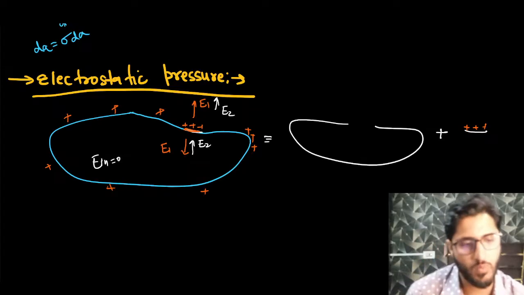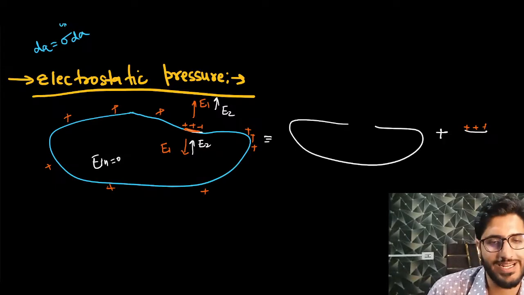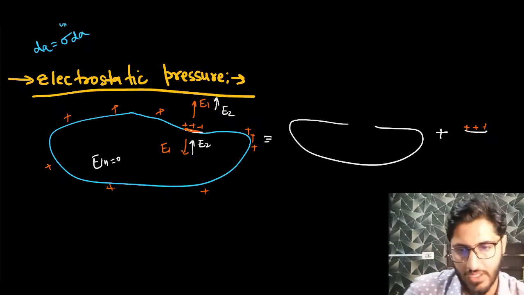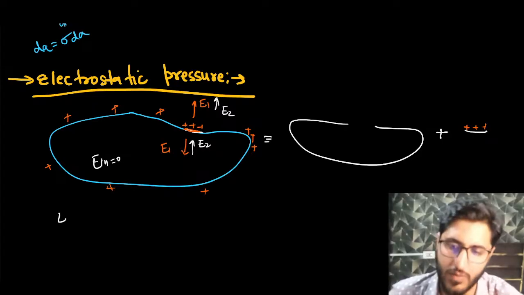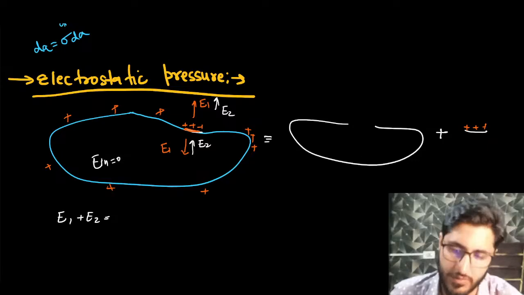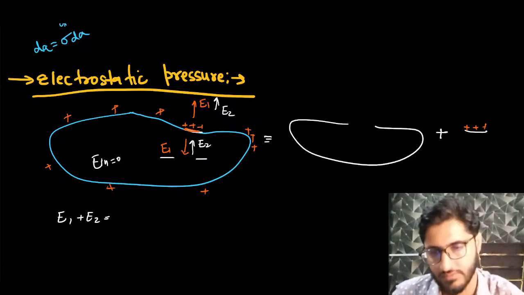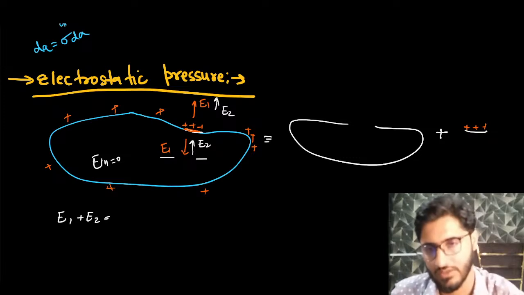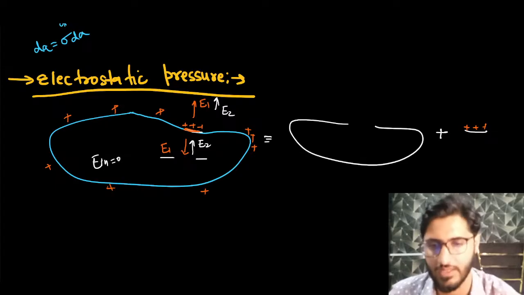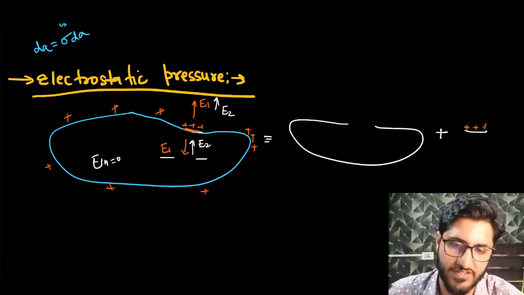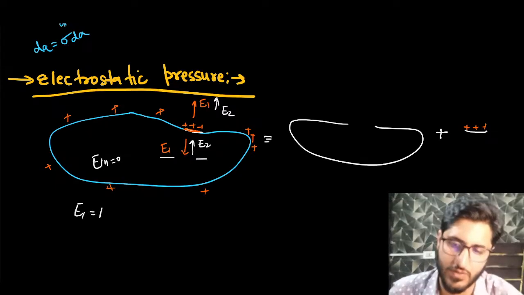But one thing that we need to know now is that inside it is zero. If inside it is zero, can I write E1 plus E2 equals zero? They need to cancel out. Okay, so it is not E1 plus E2, it is E1 minus E2, because the direction is different. So I can write E1 equals E2, both equal to E.